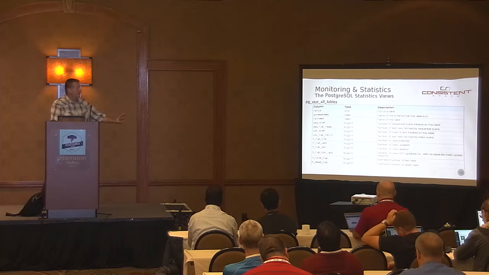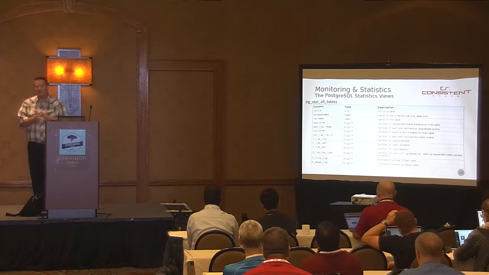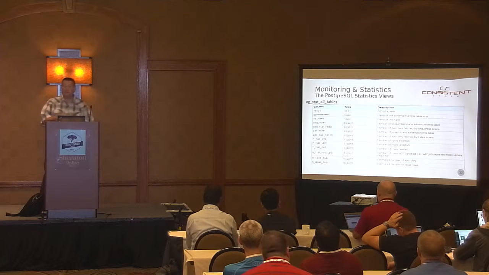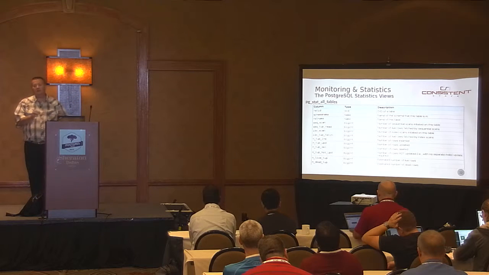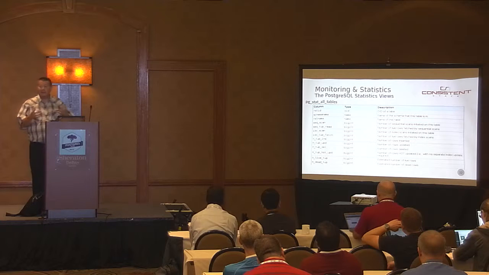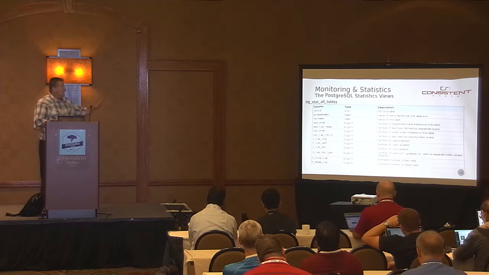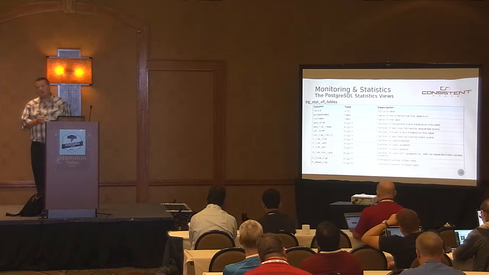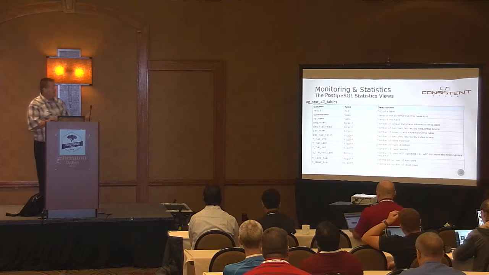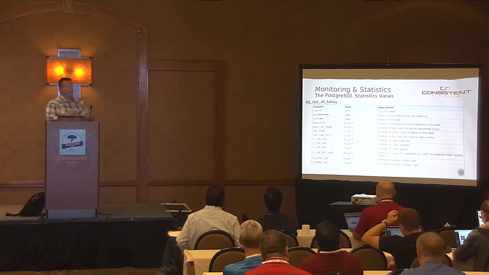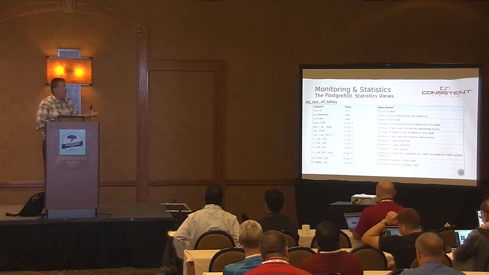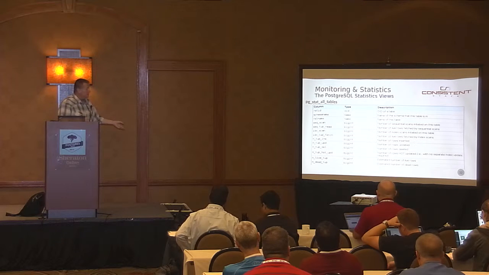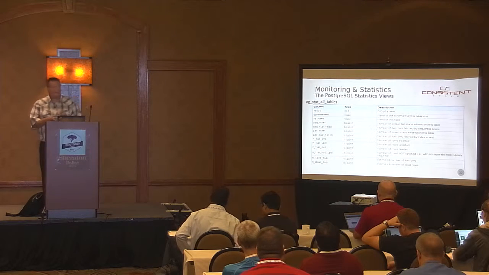This particular table is used heavily. This has one row for every table within the current database. So if I'm connected to the Postgres database, this view will only show me tables within the Postgres database. And it shows me things like the number of sequential scans against a given table and the number of rows that have been inserted versus updated and so forth.